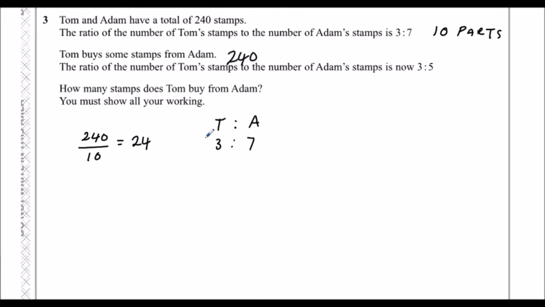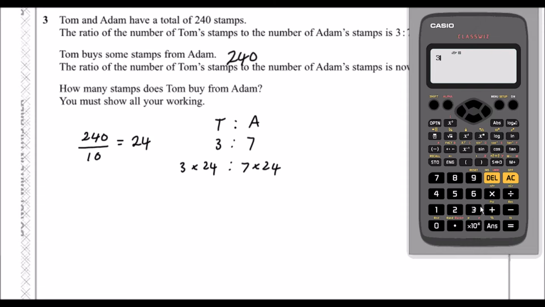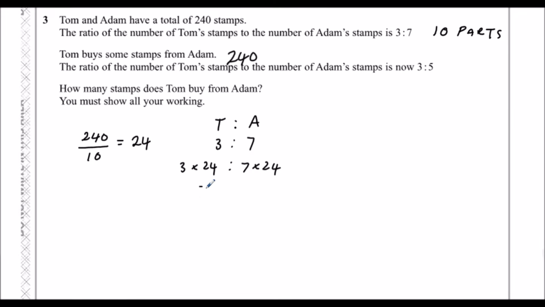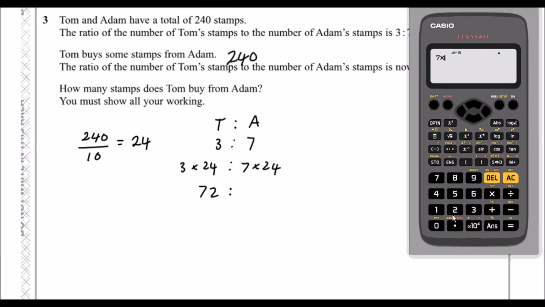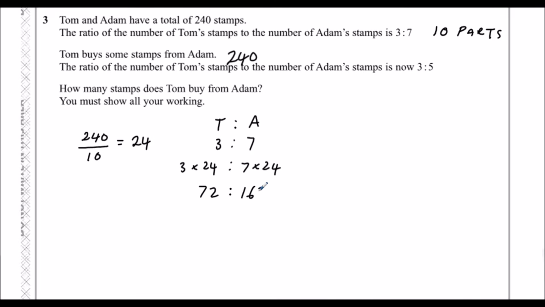So it's 3 times 24 and 7 times 24. So 3 24s are 72 and 7 24s are 168. So that's how many they start with.